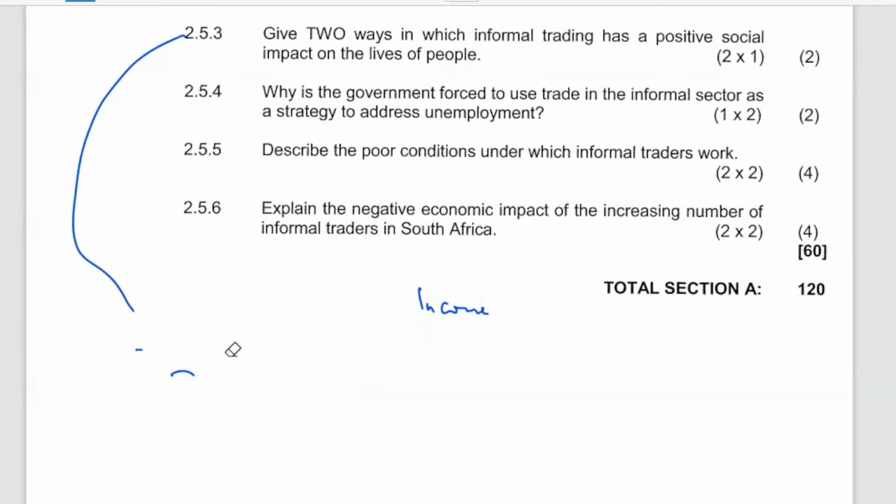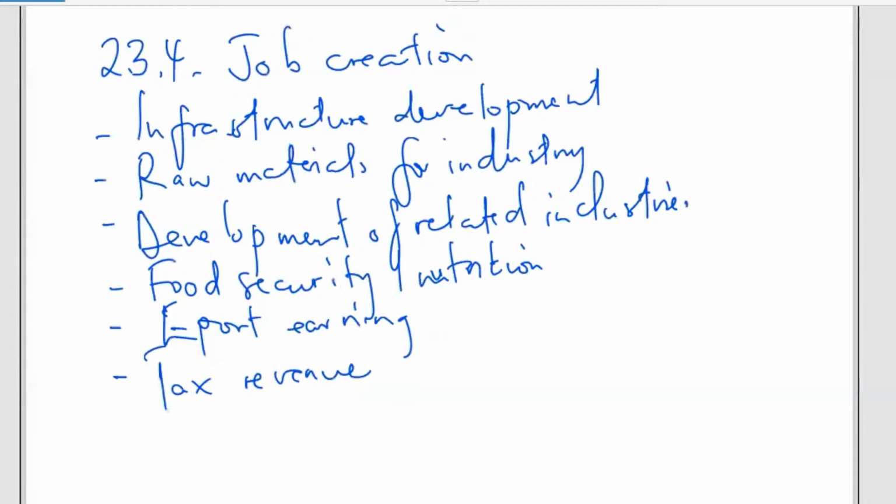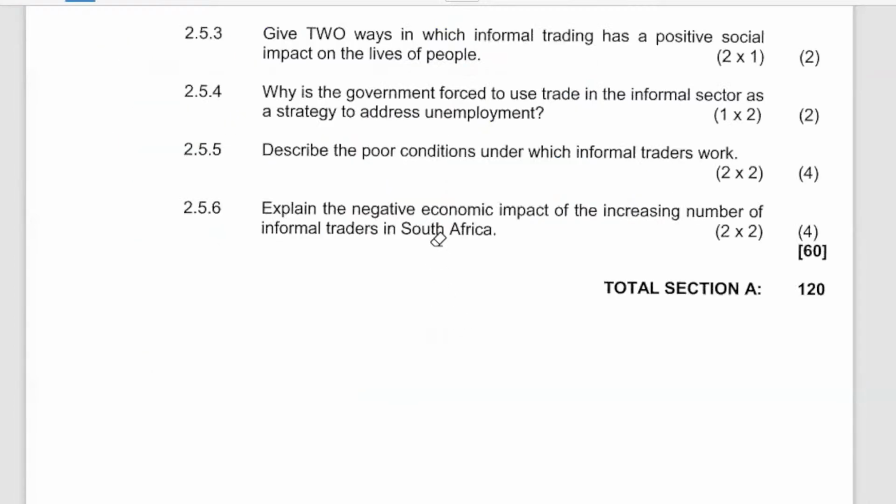Why are they doing that? Why are they treating people who are self-employed and who are not formally registered as part of the people who are employed in the economy? That's the question.